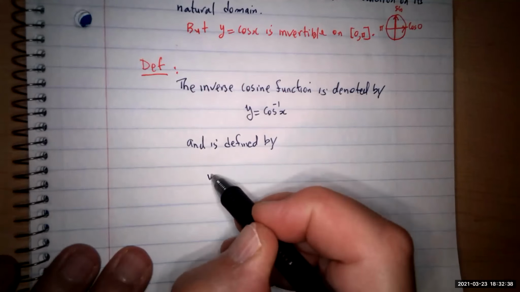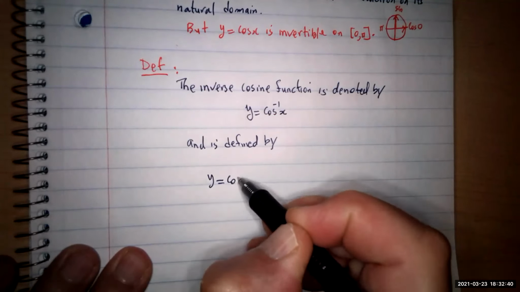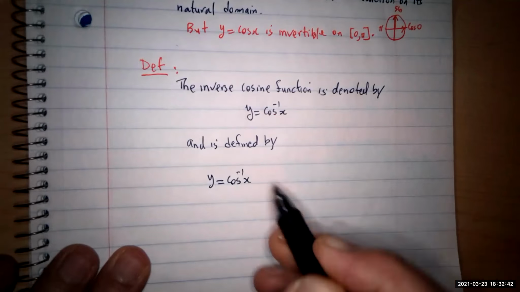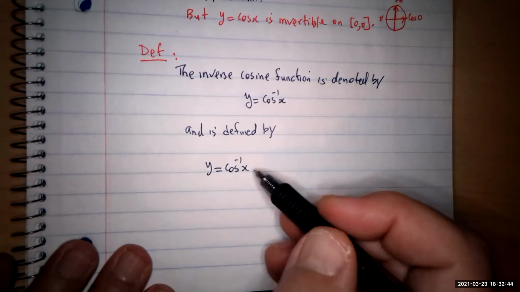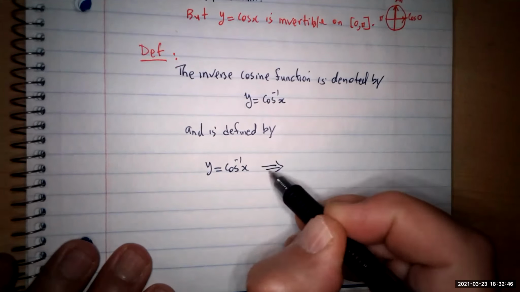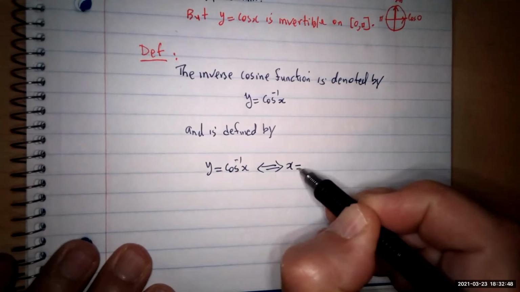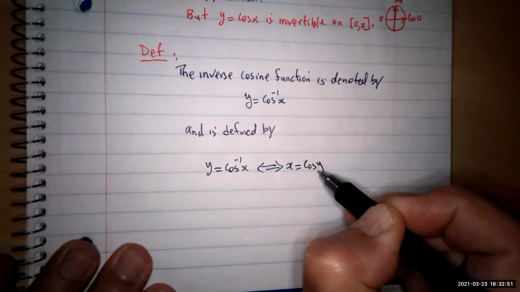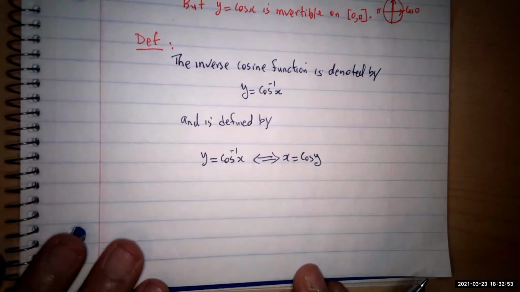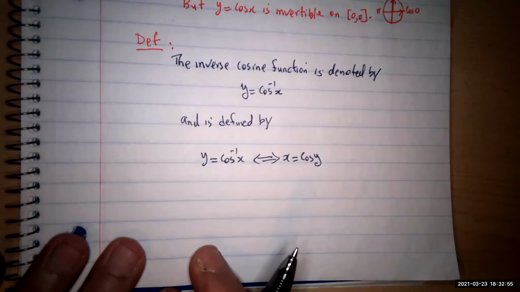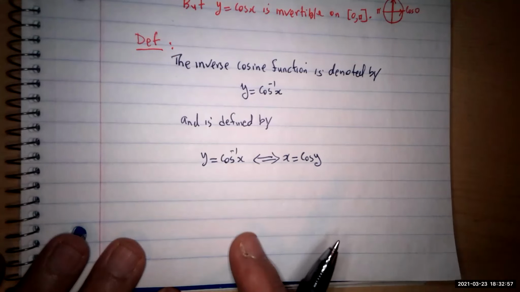If you want any information regarding this function, you have to switch it. So it's if and only if x is equal to the cosine of y. Then you put those restrictions that we talked about.